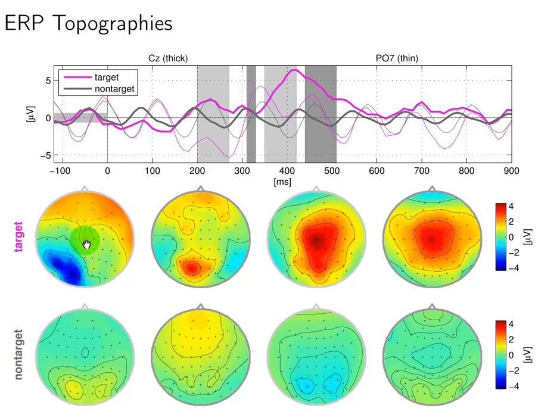Target has this kind of distribution, while non-target looks different. Second, another time segment of interest: take an average and plot it through interpolation. Third one, and then fourth one. We can also generate fifth or sixth. So these 4 different topographies correspond to the first, second, third, and fourth time segment averages.